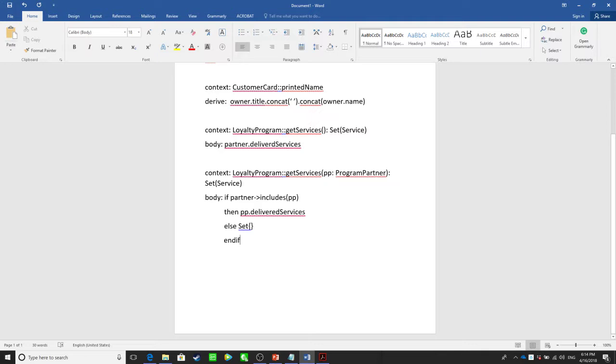Then the body means we specify what this get service operation should do. So we have a condition.